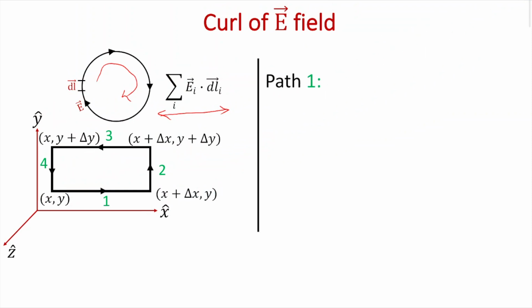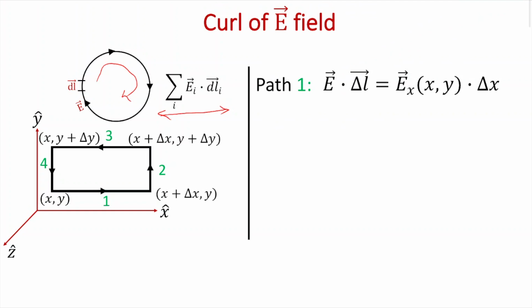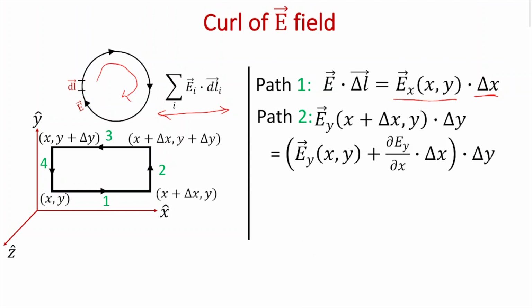So what we want to know is to calculate E dot dl for the path number 1. So in path number 1 we have the electric field Ex at x comma y, and then we are traveling distance delta x in this path. In path 2, you have Ey because we are traveling in the y direction, and then we do the dot product with the dl, which is delta y.